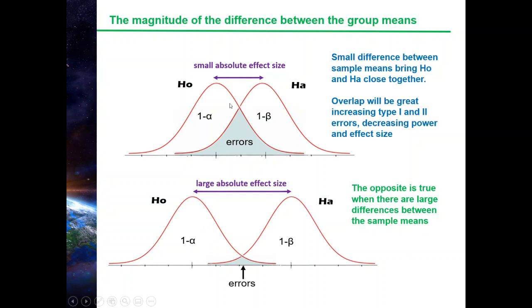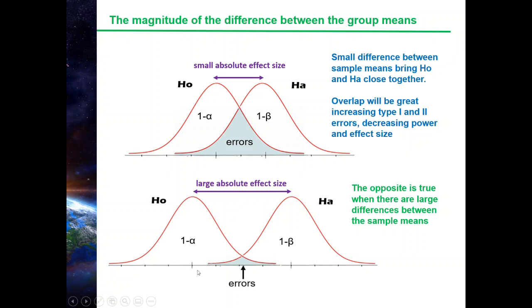Just to summarize, if the two means in your experiment are very close together, that brings H0 and HA close together. That causes them to overlap to a very large extent, and with increased overlap comes an increased risk of an error and a decreased probability of correctly retaining H0 or correctly rejecting H0.